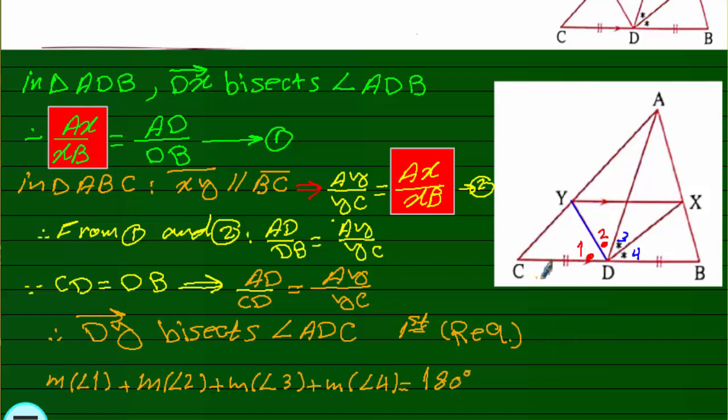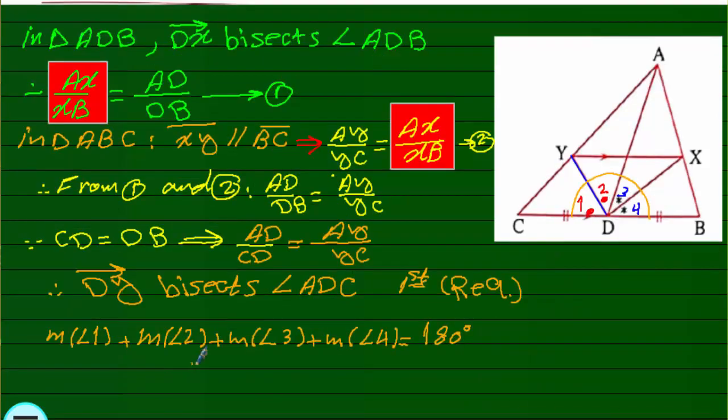And we write measure of angle 1 plus measure of angle 2 plus measure of angle 3 plus measure of angle 4 equals 180 degrees, because angle CDB is a straight angle.